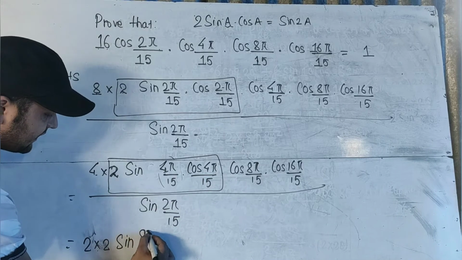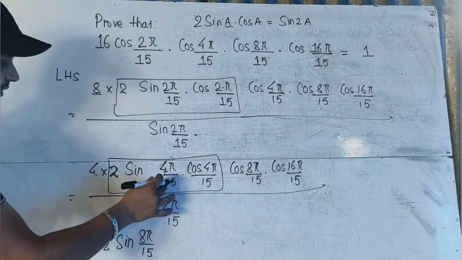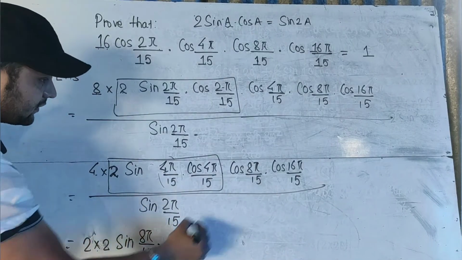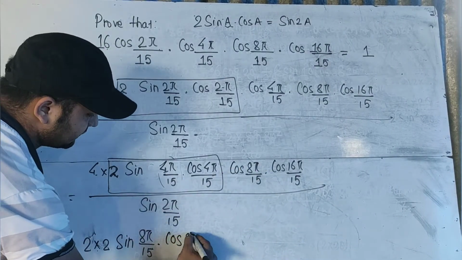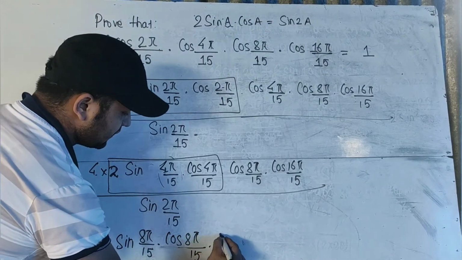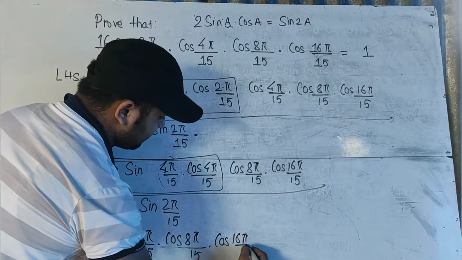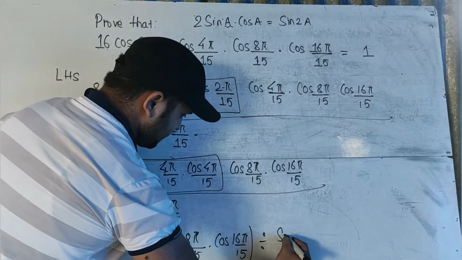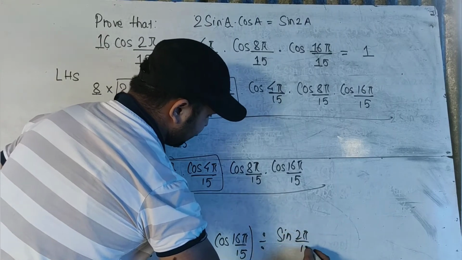So you can write here 8 pi by 15. This is A into 2 gives you 8 pi by 15 here. Dot, you have cos 8 pi by 15 here, dot cos 16 pi by 15, and your denominator is sine 2 pi by 15.